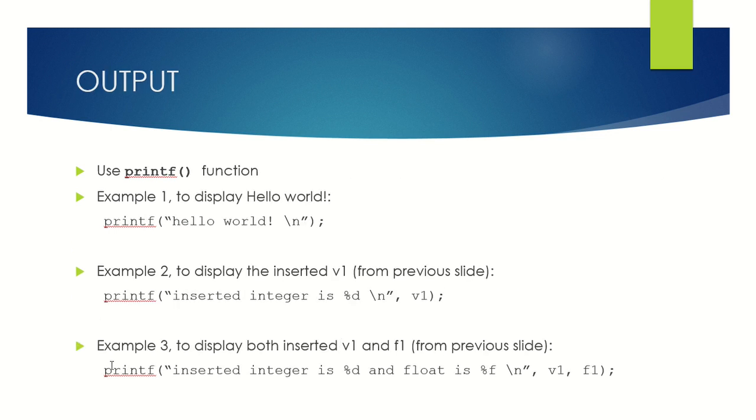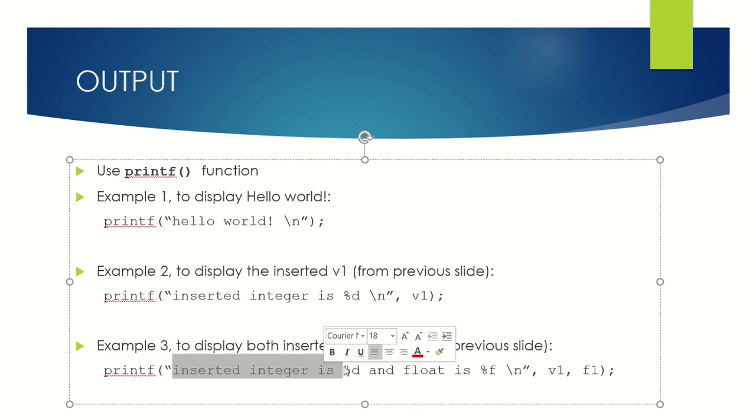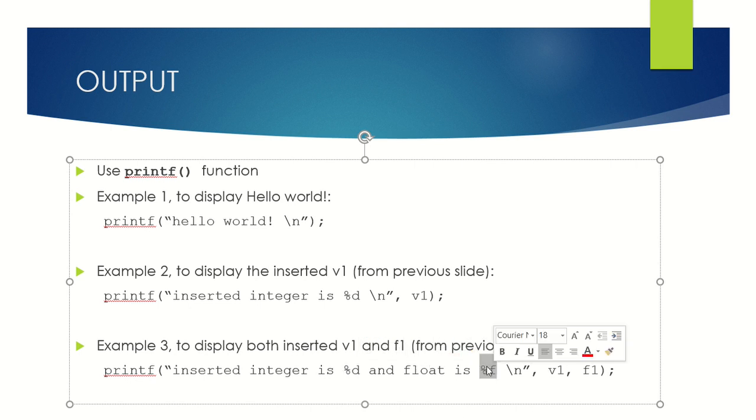Okay, so cara dia adalah printf, so double quote, inserted integer is percentage D and float is percentage F. Okay, so maksudnya kat sini percentage D ni, the first one yang appear, dia akan link kepada V1 ni kat sini. So kalau kat sini float ni ada percentage F, so dia akan link kepada F1 kat sini lah. So maksudnya any value yang ada dekat V1 dia akan appear kat sini, dan any value yang ada pada F1 dia akan appear here.